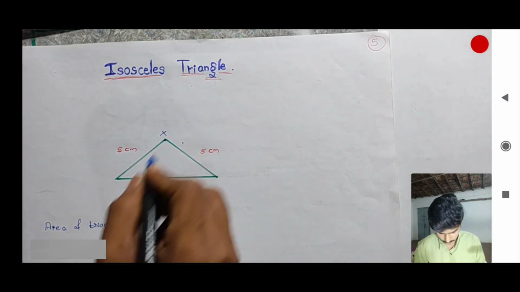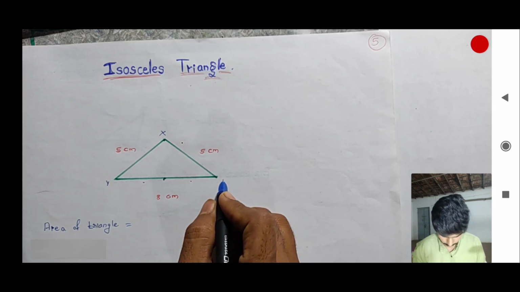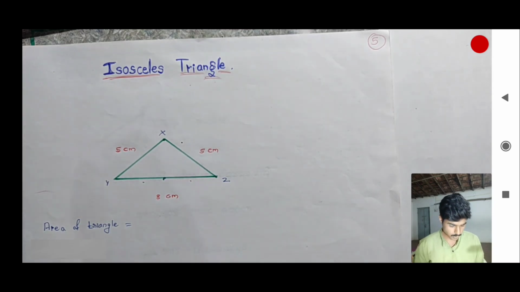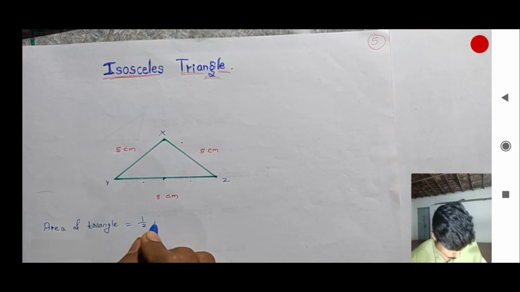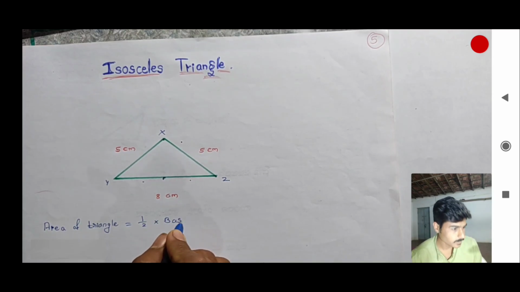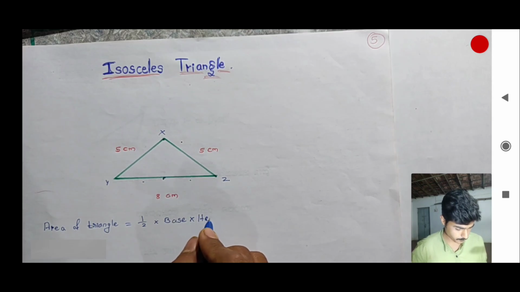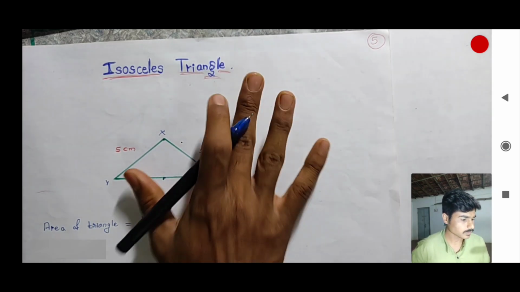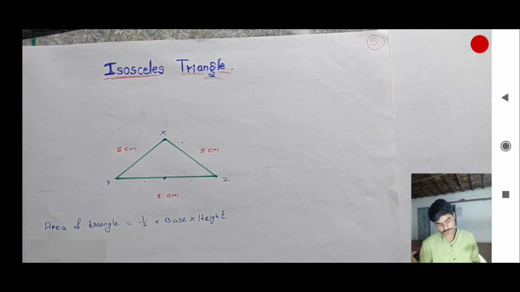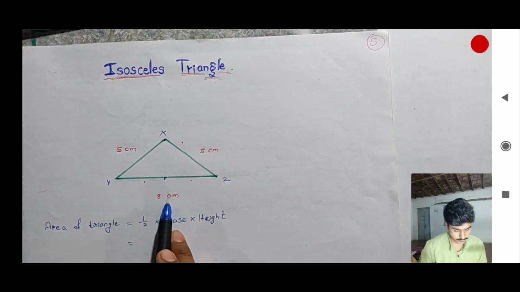This side as X, this as Y, and this one as Z. Again here also let us find the area by using the basic formula, that is half into base into height.